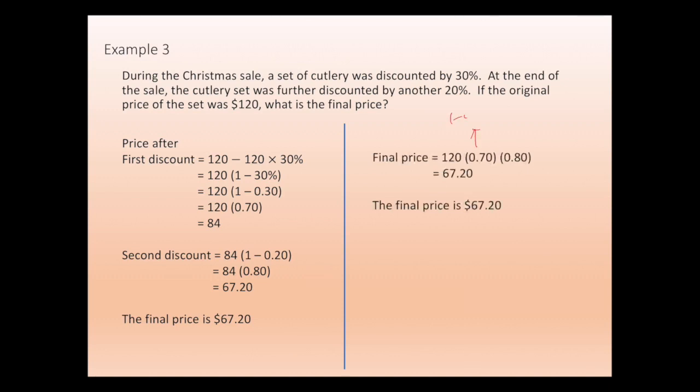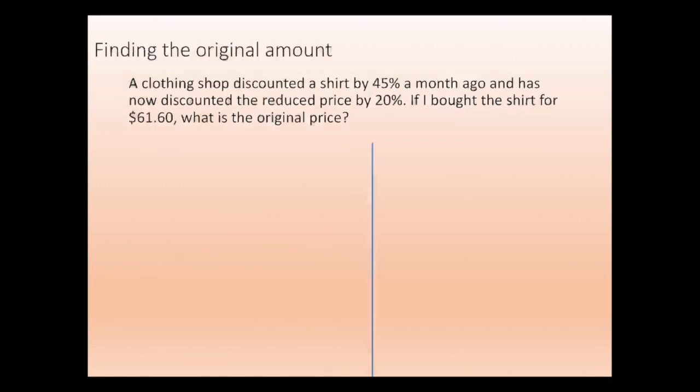Or, using the formula, the final price is 120 times 0.7, which is 1 minus 0.3, which is 30%, and this is 1 minus 0.2, which is 20%. And you get the same answer, 67.20.